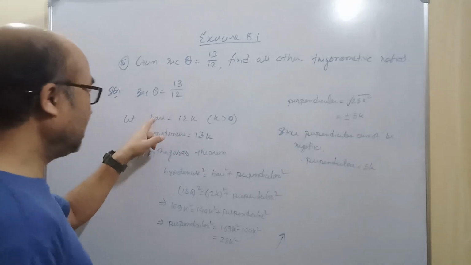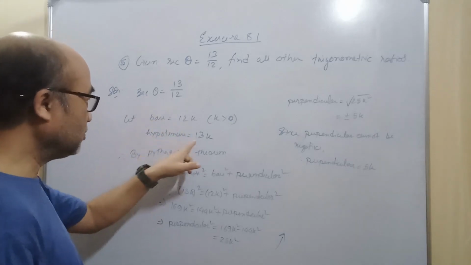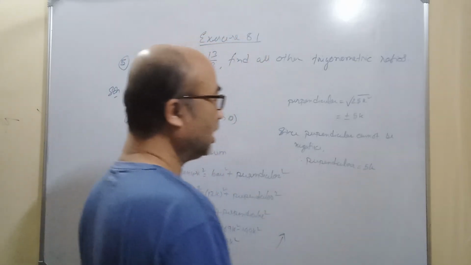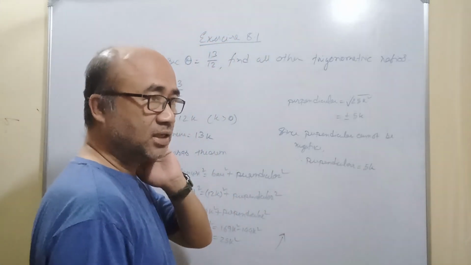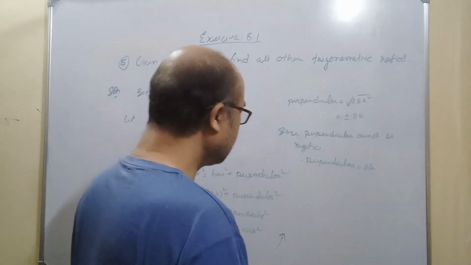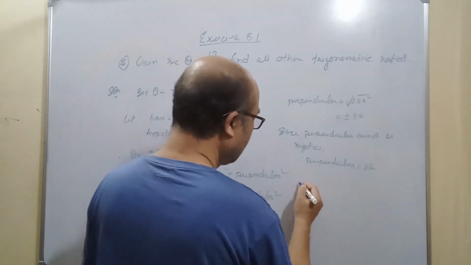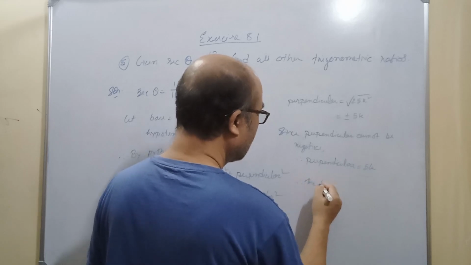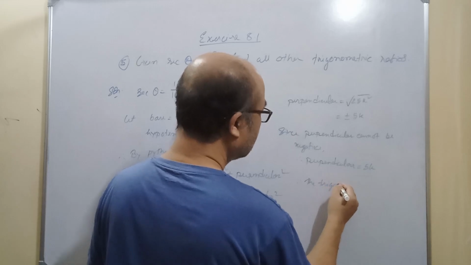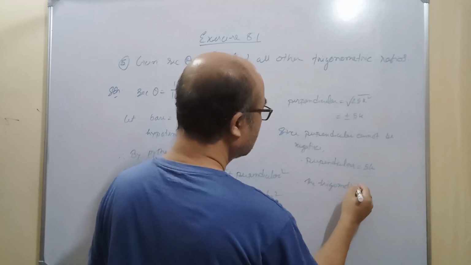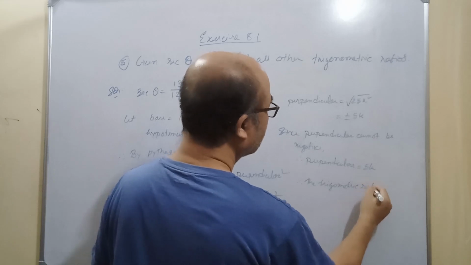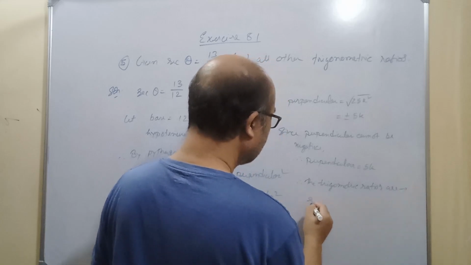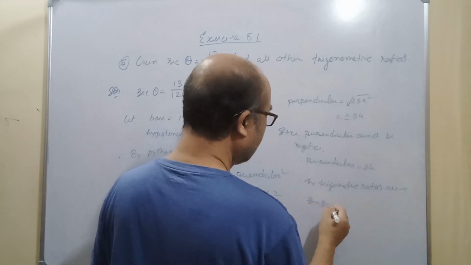Hence now we have base 12k, hypotenuse 13k, and also perpendicular 5k. So we have all three sides of the right angle triangle. Now it is easy to find all the trigonometric ratios. We start with sin theta.